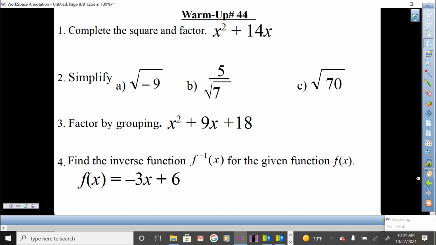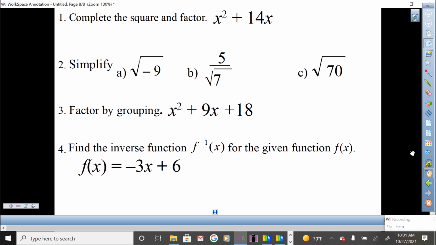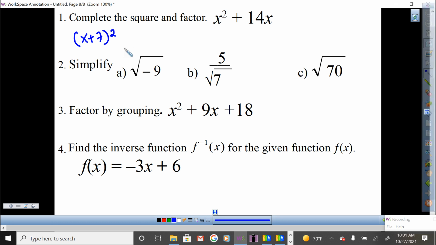Alright, let's see, number 1. What'd you get for number 1? Carlos, what'd you get? X plus 7 squared. Hands, if you got that? That is correct. How do we get there? Well, we need to complete this square.